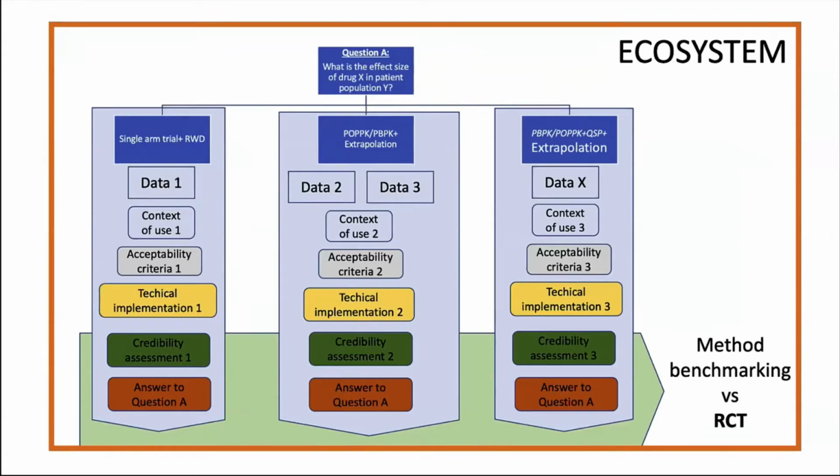So here, for instance, we are contrasting single-arm trials, population PK or PPK in a context of extrapolation based on disease similarity, for instance, or population PK in a context of extrapolation supported by a QSP model describing the disease profile and the response to the treatment.